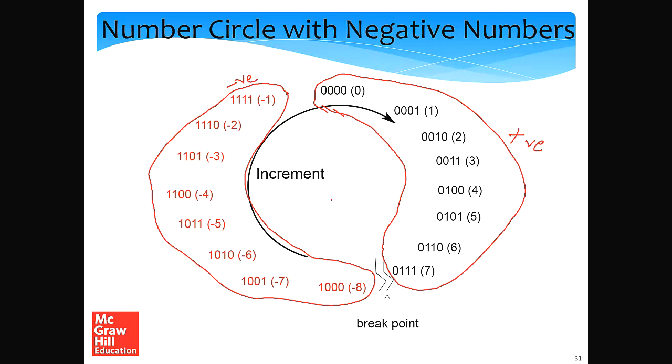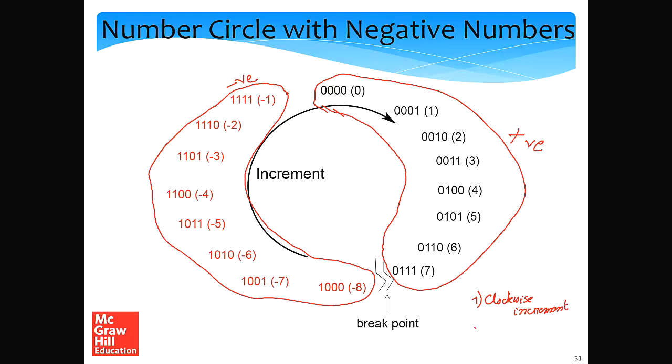So let's now take a look at some of the salient features of making a number circle like this. As I move clockwise, I essentially increment the number other than at the breakpoint. So this is feature number 1, that this clockwise increment is there in this particular number circle.